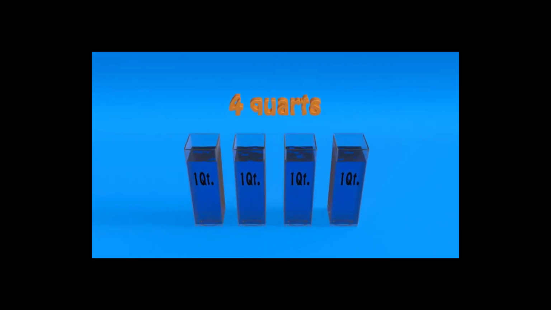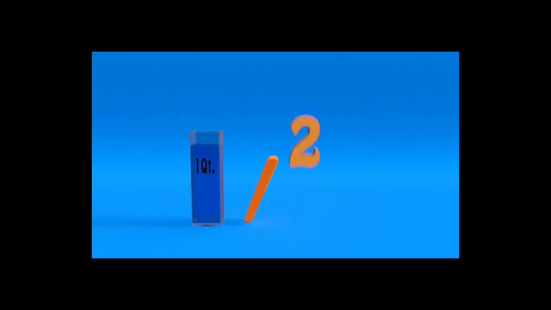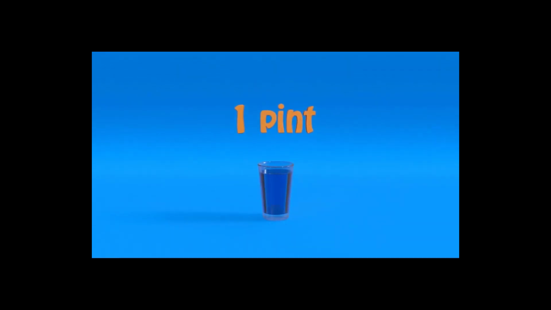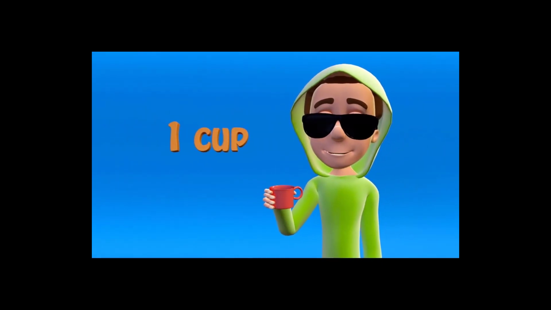1 gallon split into 4s is 4 quarts. Take that and divide by 2 and you got a pint. Split that pint up into halves and make a cup.